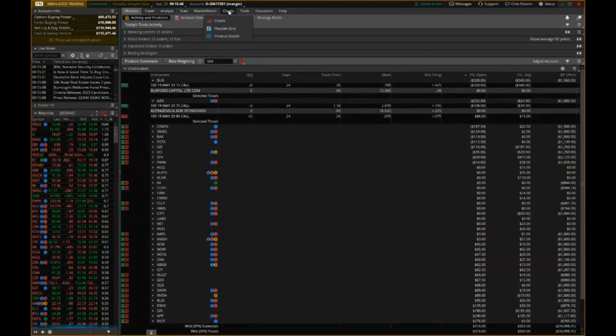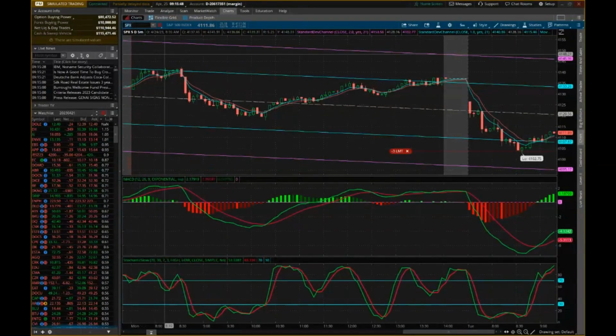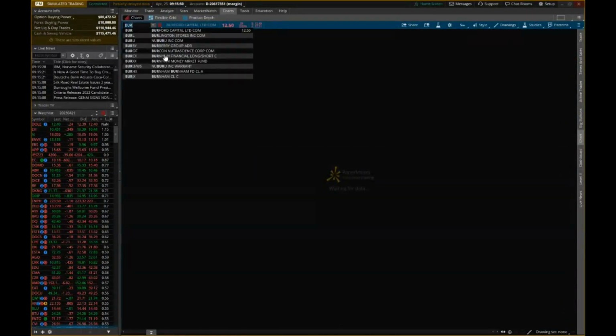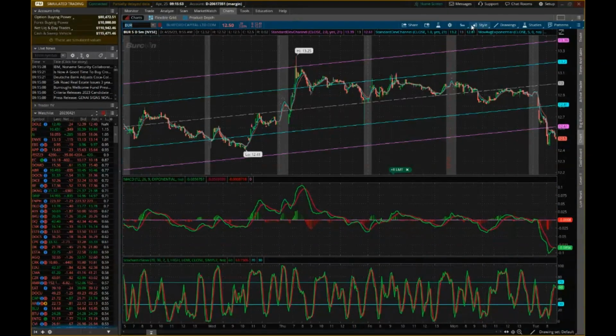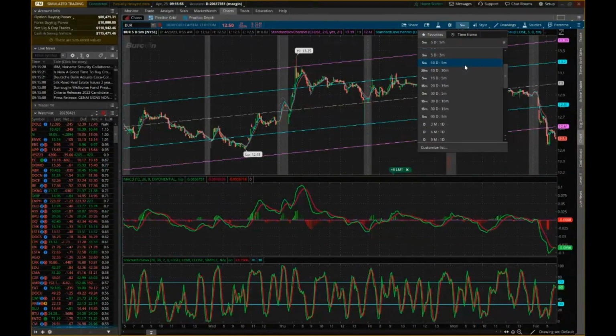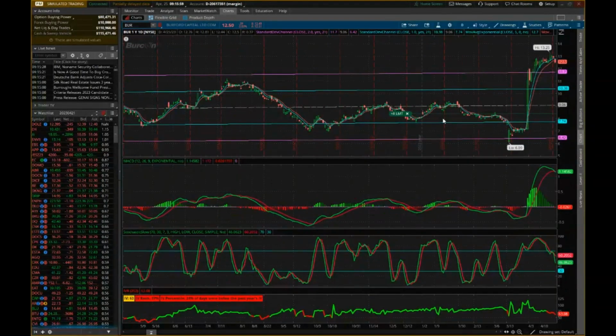I think this will be a good day to manage our position. So because we place the trades using a 1 year, 1 day, I want to continue using the 1 year, 1 day for managing the trade. So the chart's looking really good, actually.